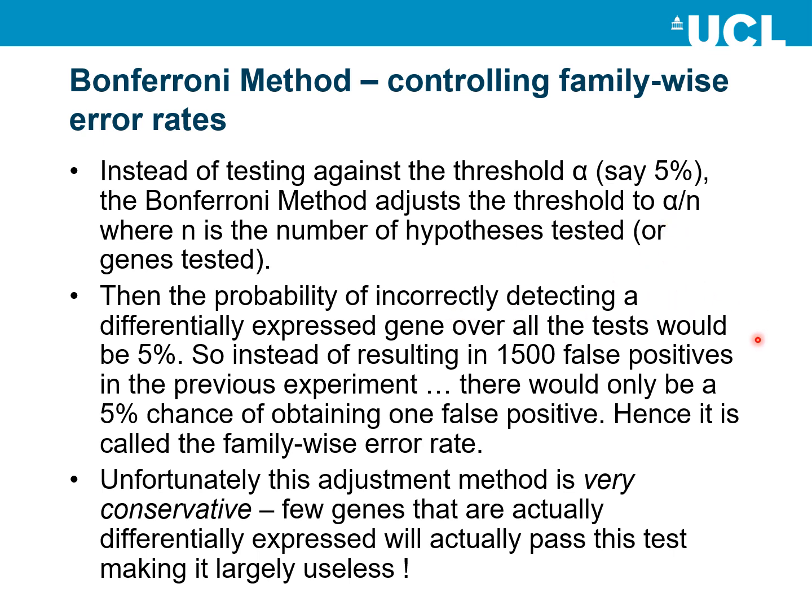Then we have essentially only a 5% chance of detecting one false positive amongst all of the data. So it's a family-wise error rate, and that's very good. You've only got a 5% chance of actually having one false positive detected.